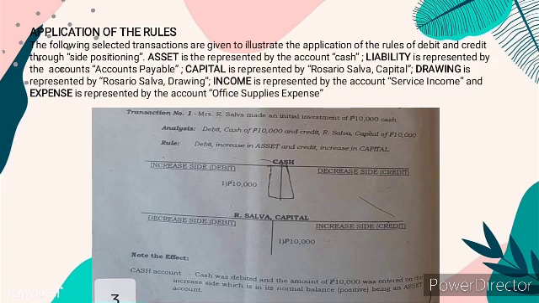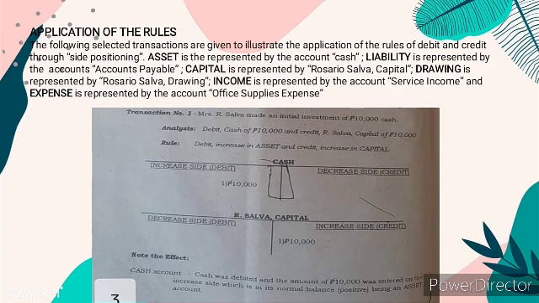Asset is represented by the account cash. Examples of assets are accounts receivable, inventories, and supplies. Liability is represented by the accounts. Examples of liabilities are accounts payable and notes payable. Then capital or equity is represented by Rosario Salva, Capital, which is the owner's equity.